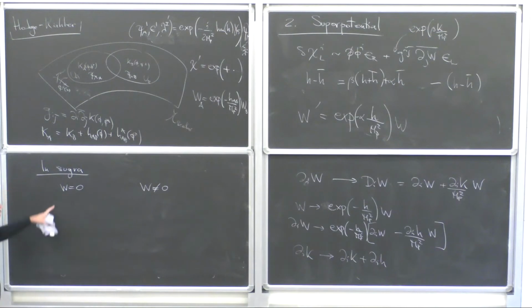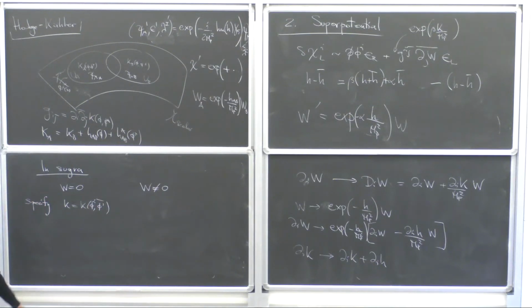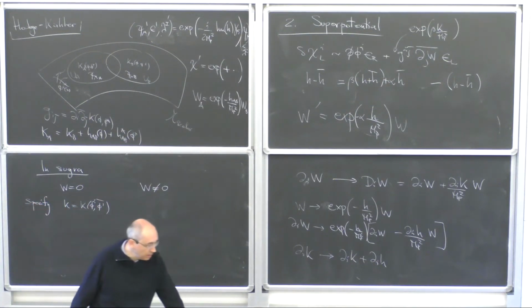If W is 0, then you specify the Kähler potential, and this gives you your theory, tells you what your theory is.